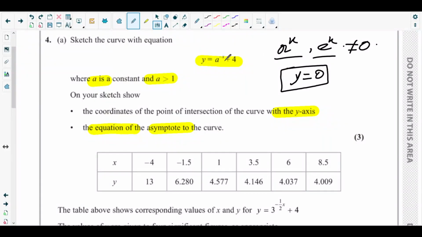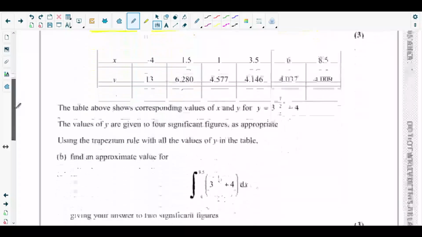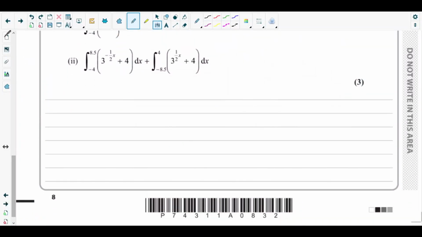So a to the power x plus 4 is basically a transformed curve. How is it transformed? It is translated along the positive y-axis by 4 units. So instead of y equals 0, the horizontal asymptote would be y equals 4, since all the y values are getting added by 4.